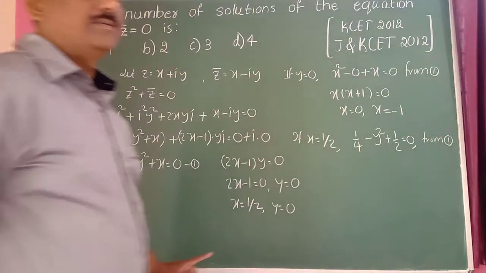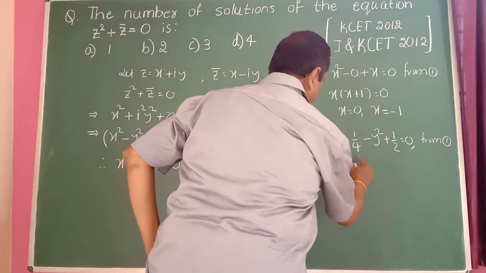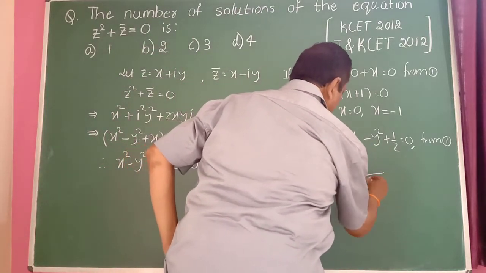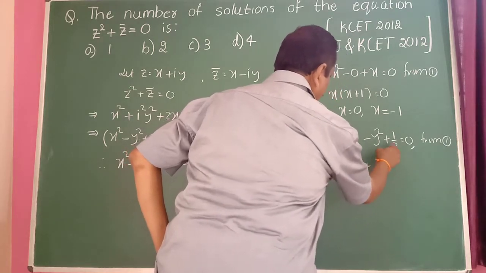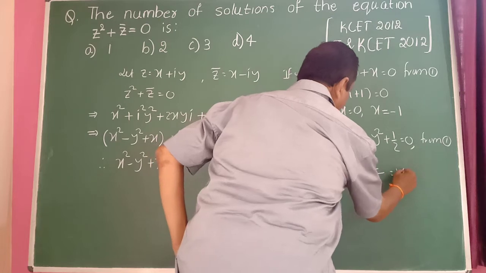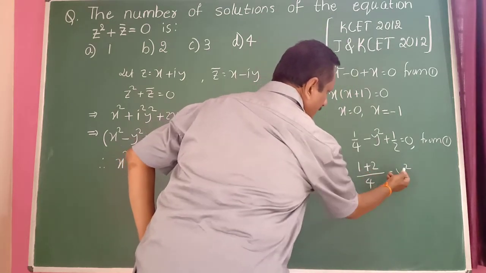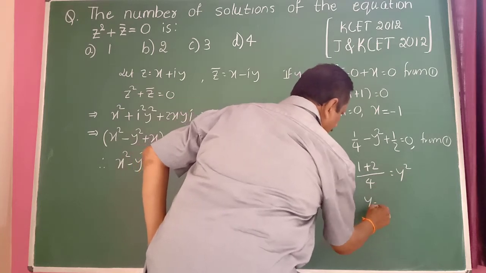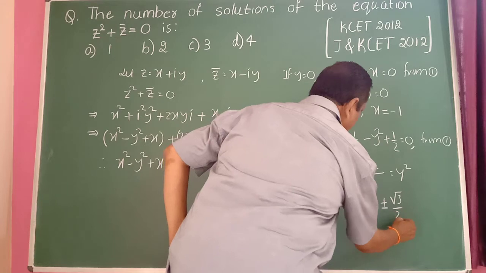Take y square to the right hand side. So 4 is the LCM: 4 ones are 4, 2 twos are 4, is equal to y square. 2 plus 1 becomes 3 by 4. Take the square root, so y is equal to plus or minus root 3 divided by 2.